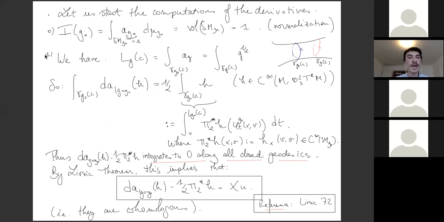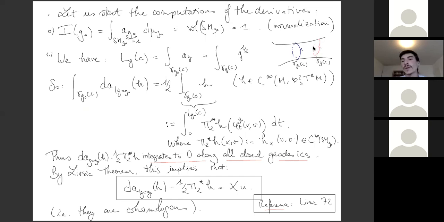Okay, so now I want to compute the first derivative of the stretch with respect to the metric at the point G0, and I'm trying to prove that this derivative is equal to 0. For that, I need a preliminary computation. So recall that when I fix a free homotopy class C, I have my G0 geodesic, and then nearby I have my G geodesic, which is in red here.